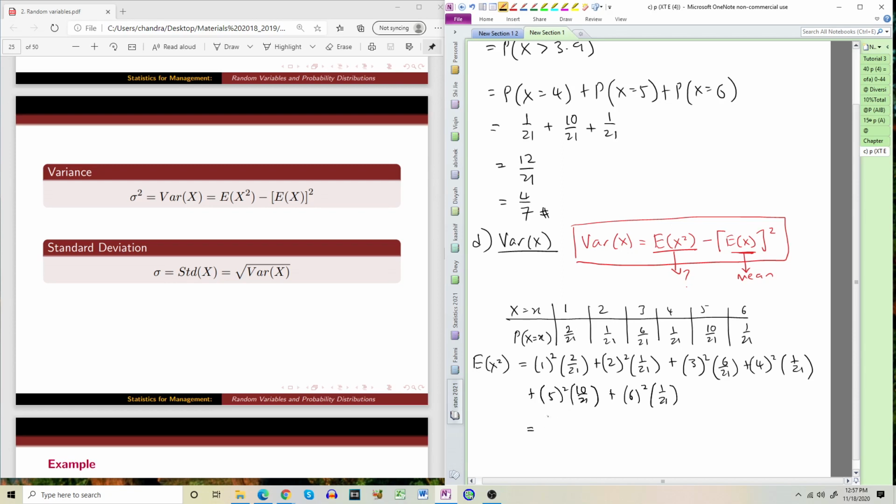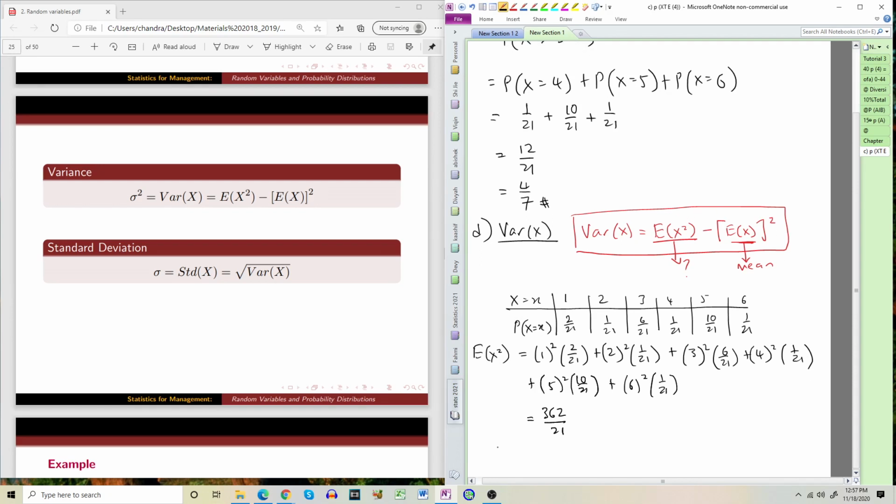If you do this, you will get 36/21, and your variance is 1.99. That would be the answer.